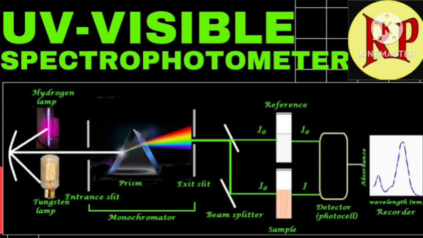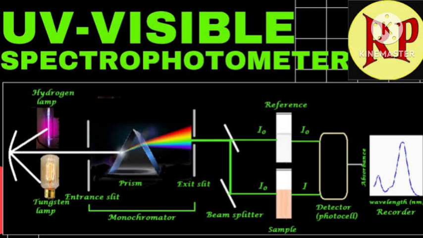For that we need to use a monochromator, that is a prism. When the beam passes through the prism, it converts those wavelengths to the required wavelength of 200 to 800 nanometers, and it removes or absorbs all other wavelengths.